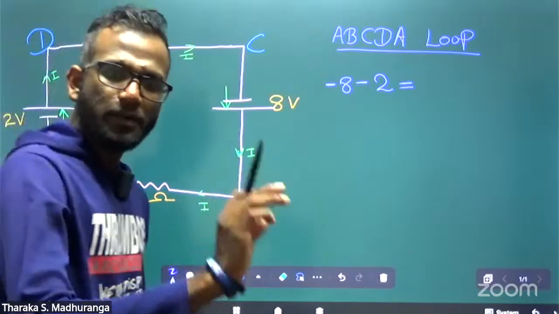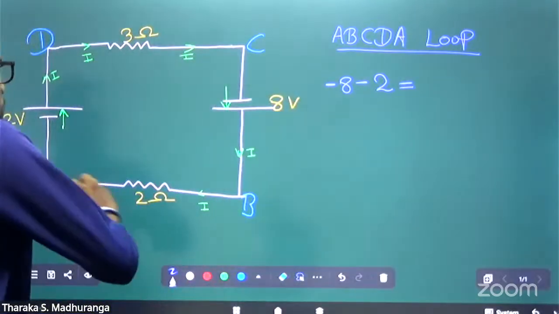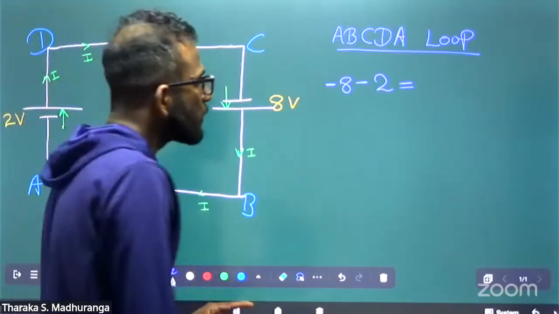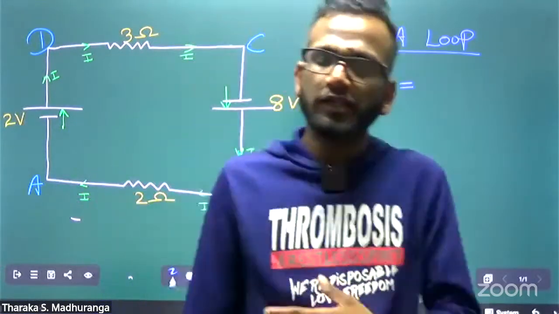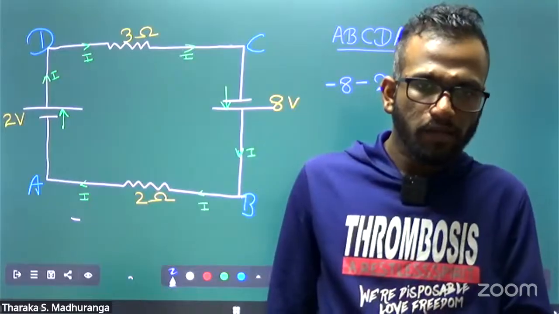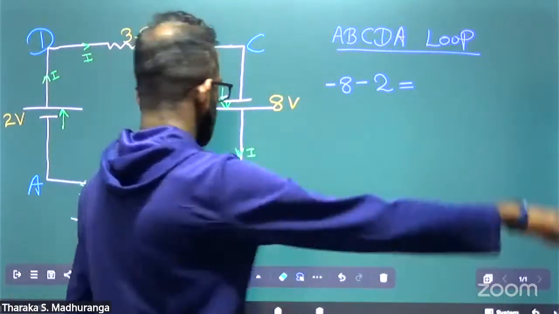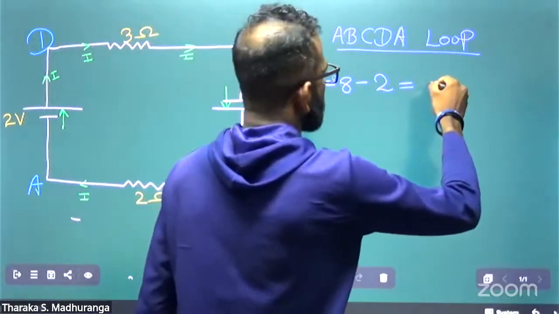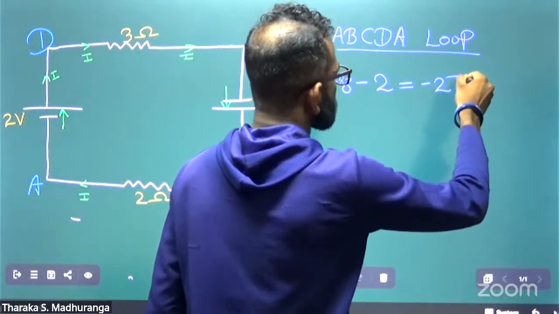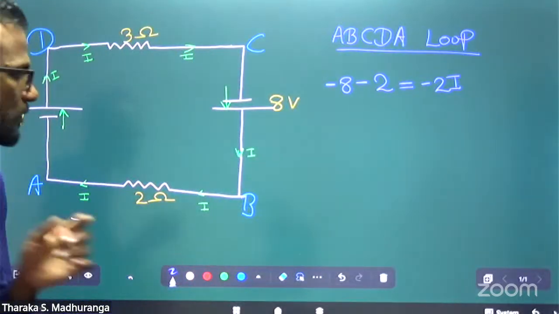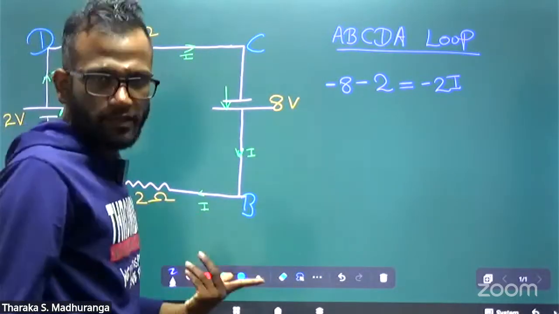Now the IR product. Go from A to B, there is one resistance. The current is I. My direction and current direction are opposite, therefore -2I. Go from B to C, no resistance given.